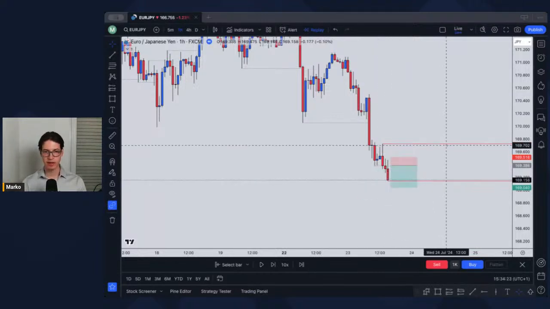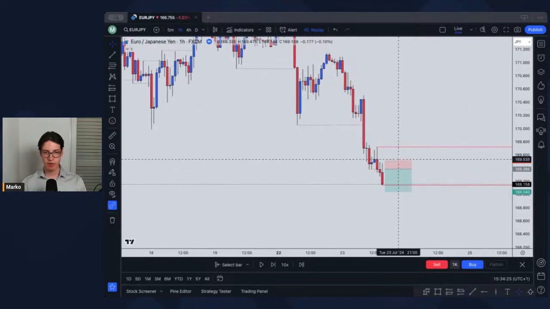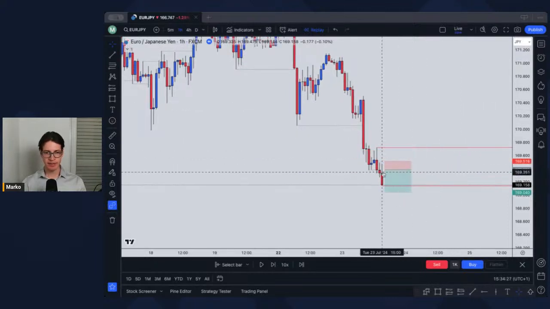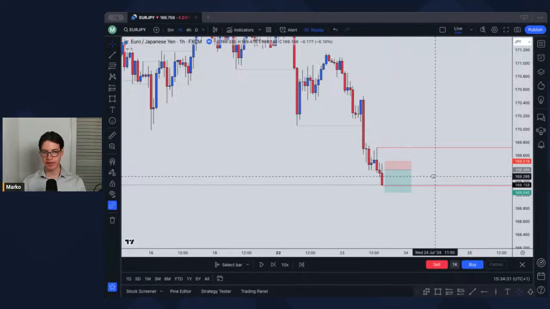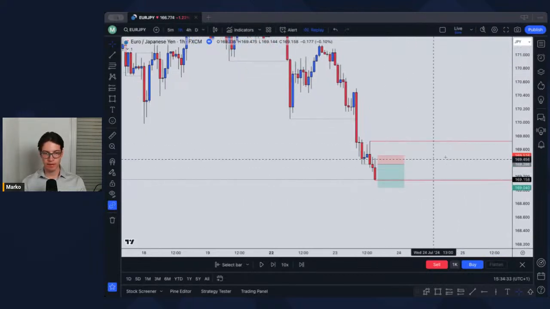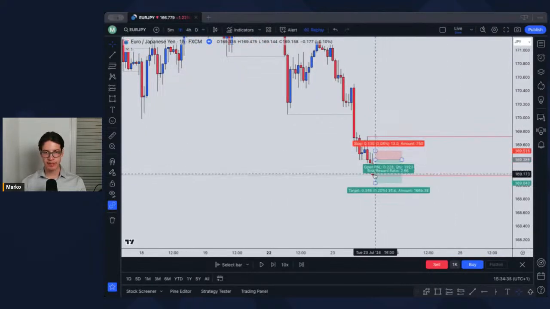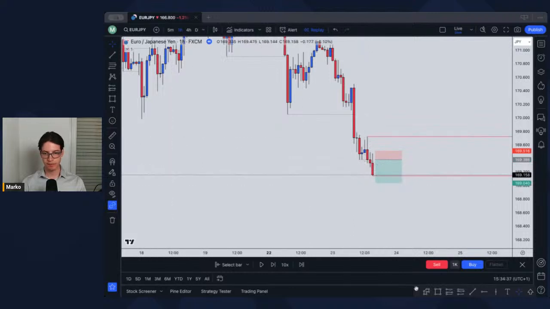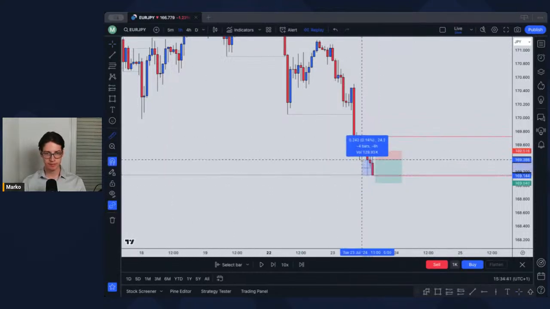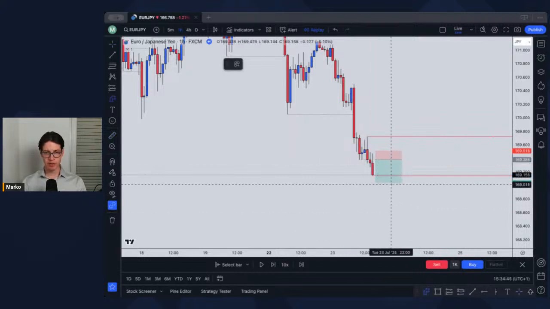Now, some of the warning signs were that it was Tuesday, so Mondays and Tuesdays are predominantly range-bound days, and the distance to the entry level was kind of big. I think it was 24 pips, which is kind of a lot, even if you visually draw a candle.